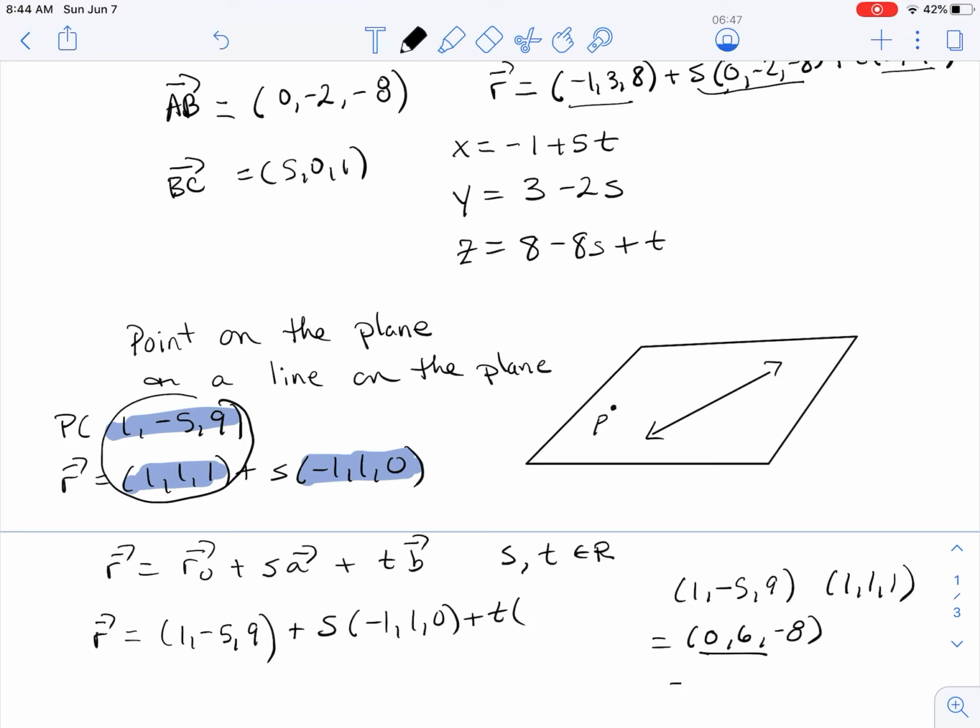So I could use this vector right here. But again, you could take a look at that and say, oh, I can factor out a 2. Oops, forgot that 0 component there. Sorry about that. This is only if you wanted to. It's not necessary to do this, because that vector there, (0, 6, -8), is perfectly fine. But this is also fine too.